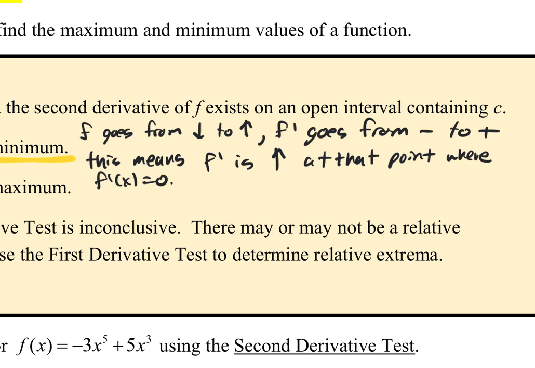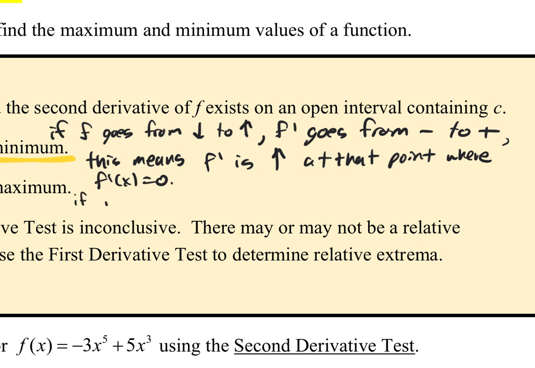So starting over, it says f goes from decreasing to increasing. That means the derivative goes from negative to positive. This means that the derivative is increasing at that point, right? So let's kind of write it this way. If f goes from decreasing to increasing, the first derivative goes from negative to positive. This means the first derivative is increasing at that point where the derivative is 0.